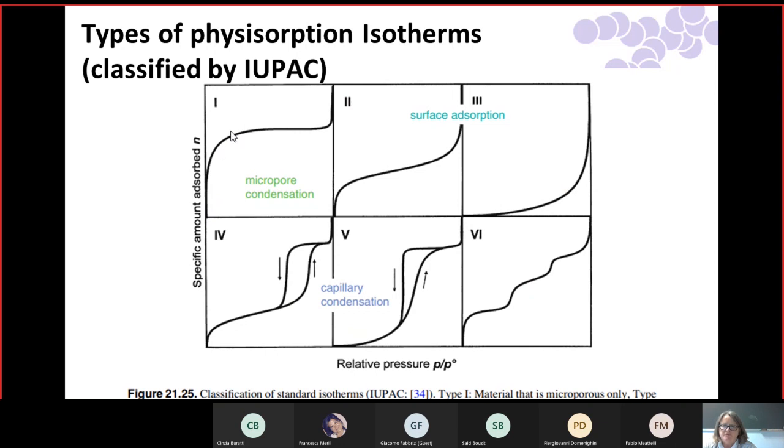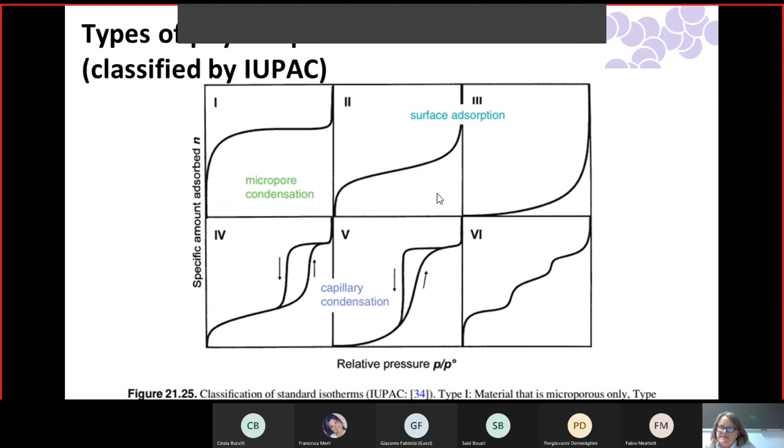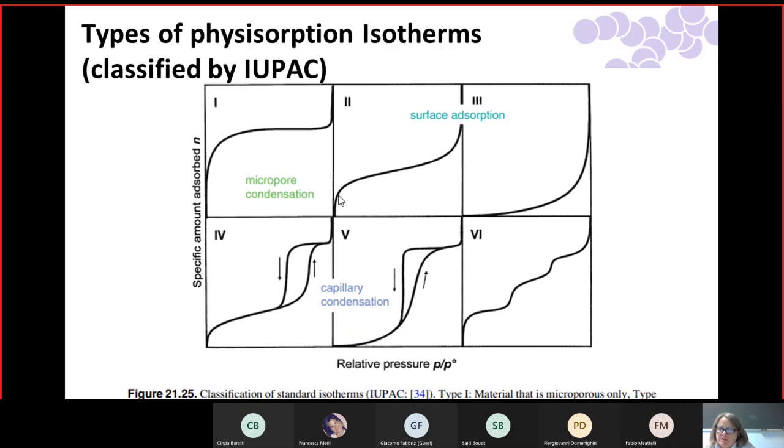This type 2 and 3 are multi-layer adsorption on materials. We don't use these ones so much. Type 4 and 5 are relevant for the studies we do on aerogels, because they have what's called this hysteresis loop, right?